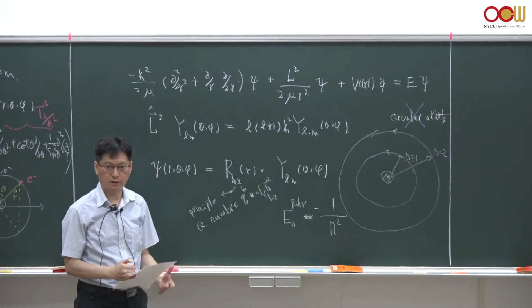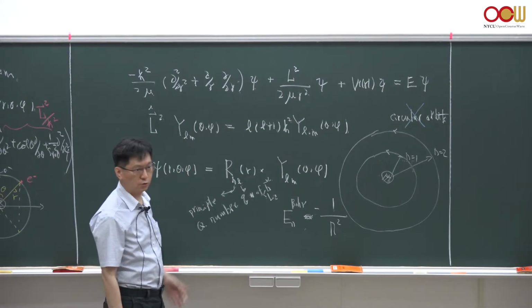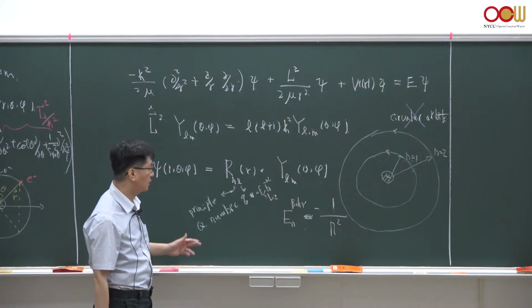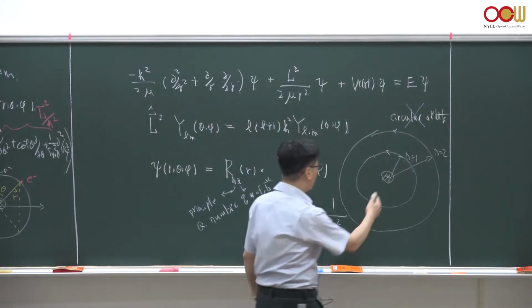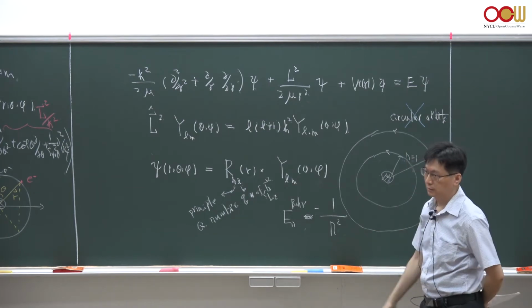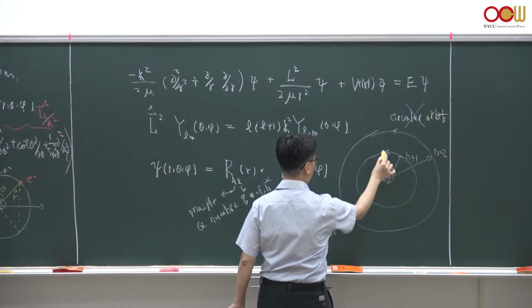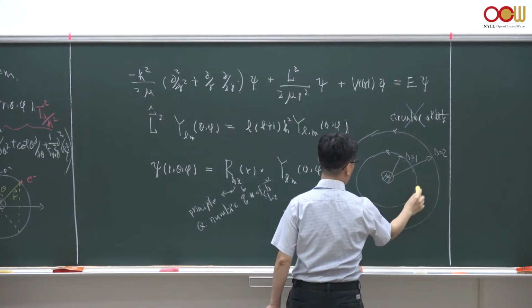This is just a semi-classical picture, but it captures some aspects of quantum mechanics. We will see later in this chapter that this kind of picture should be replaced by the probability distributions of the electron eigenfunctions, such as this.